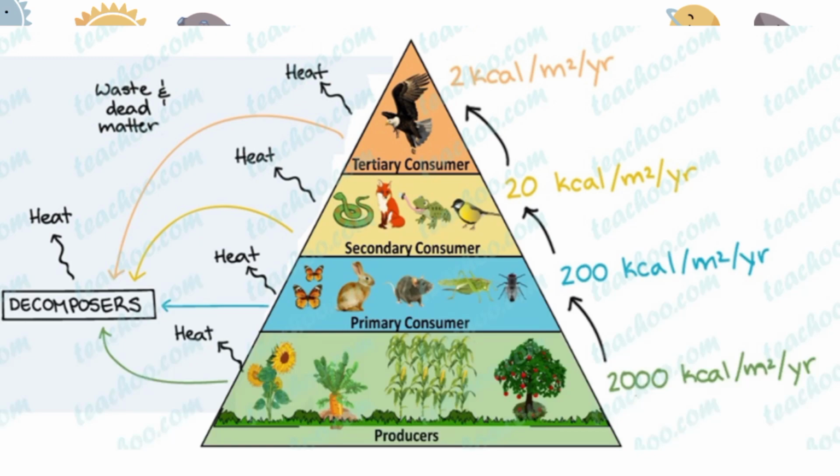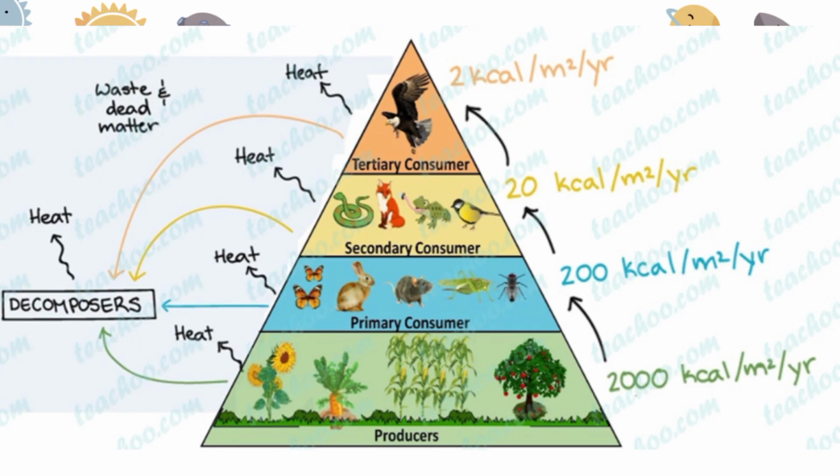Now we will discuss the transfer of energy among different trophic levels. As you can see, one example is shown in this picture. Let's suppose the producers, that is plants, have 2000 kilocalorie energy, and they transfer only 200 kilocalorie energy to the primary consumer.